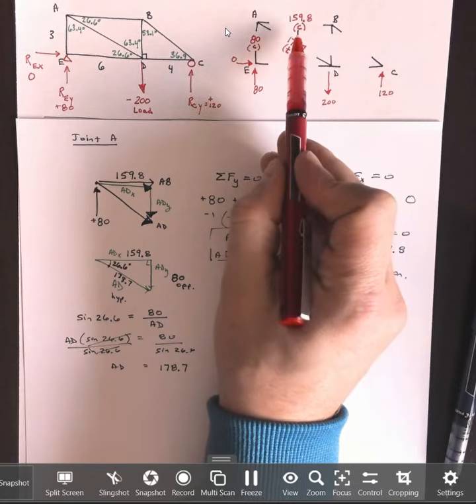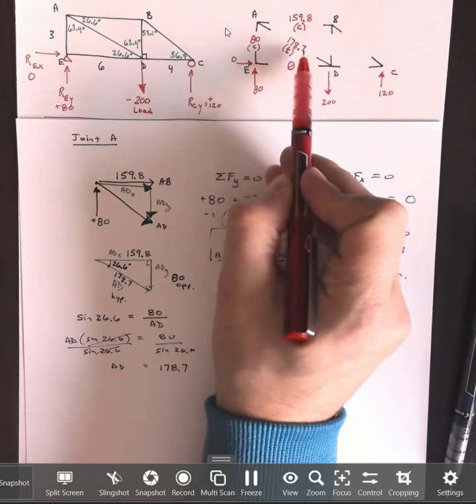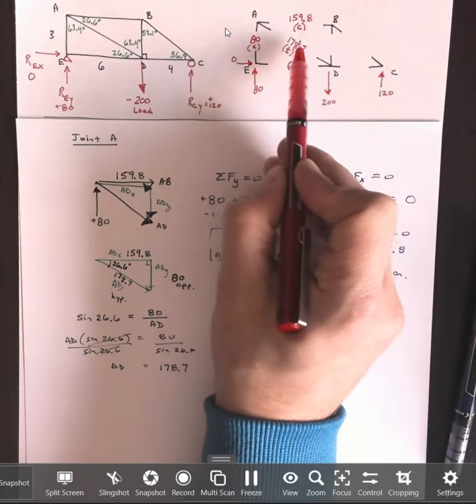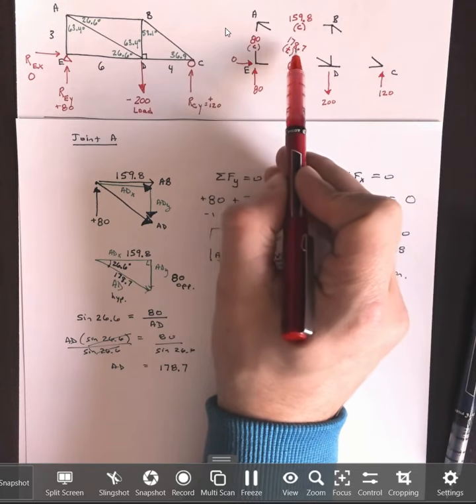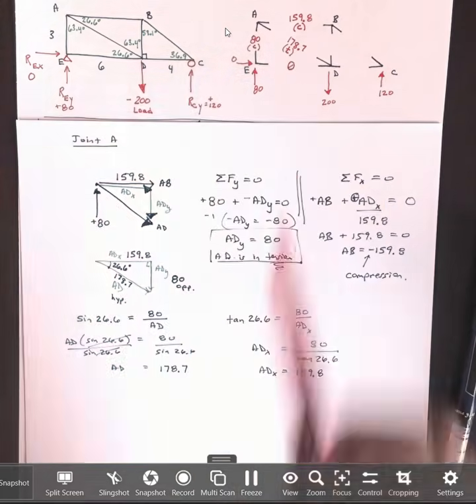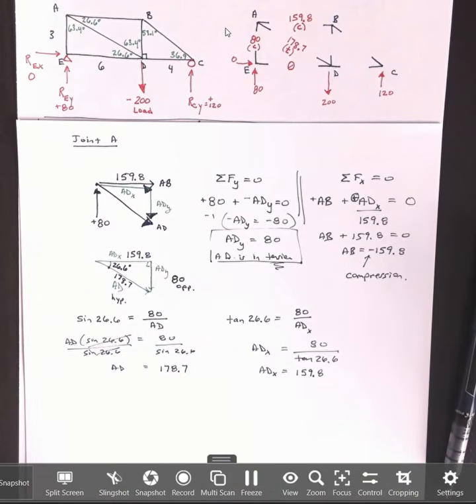The magnitudes are different because this one's diagonal. Diagonally the force is bigger, but its horizontal component is equivalent to 159.8. That's what we just figured out over here.